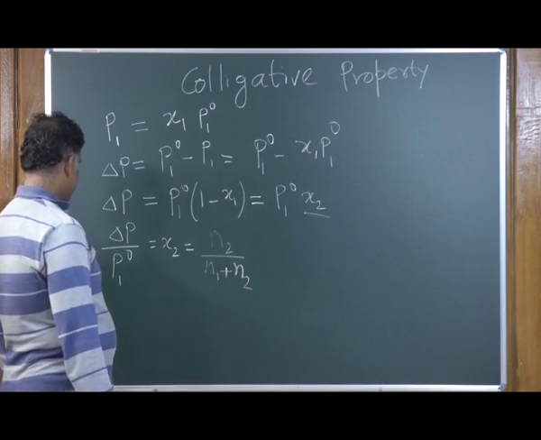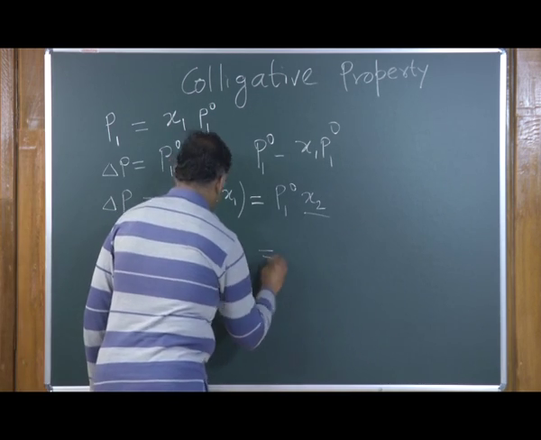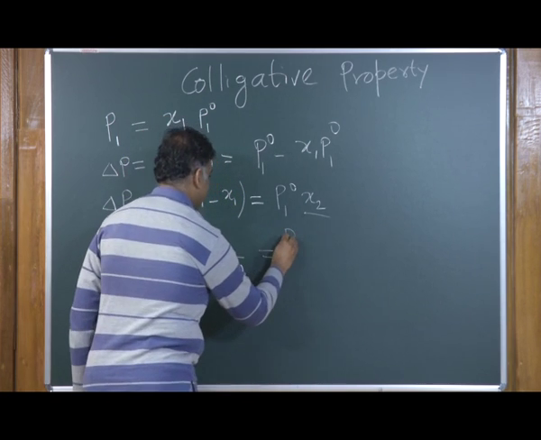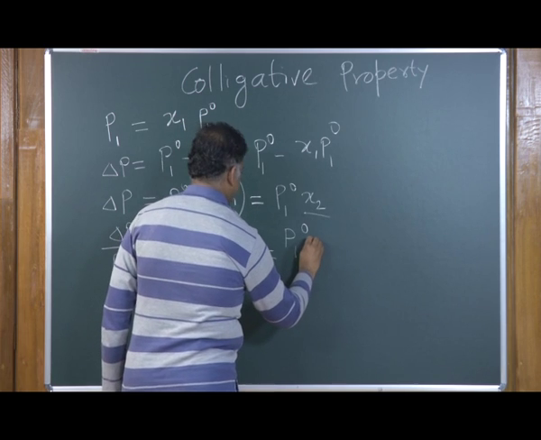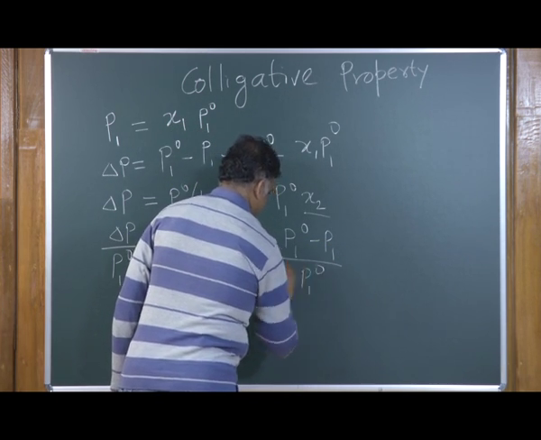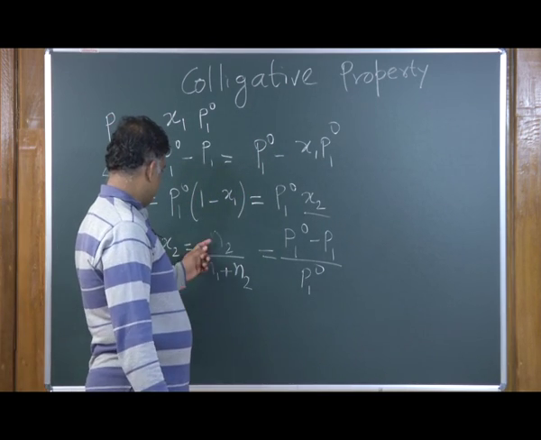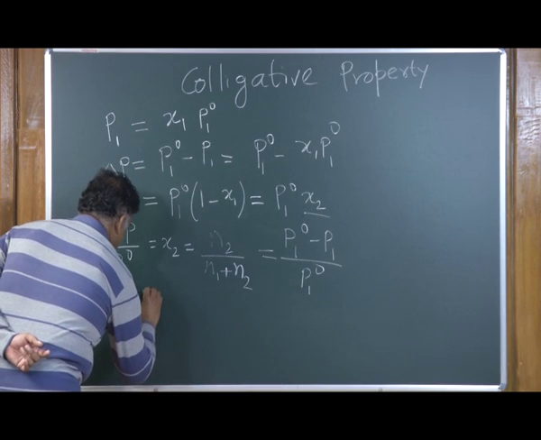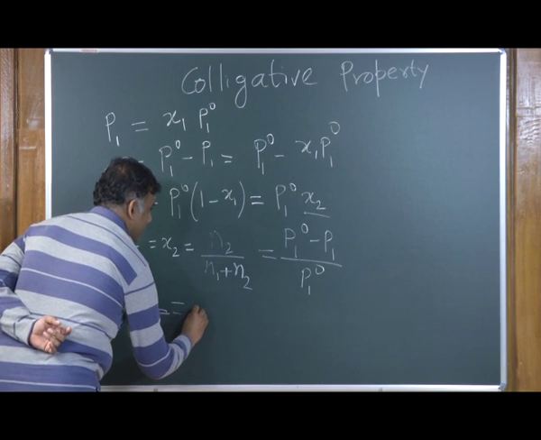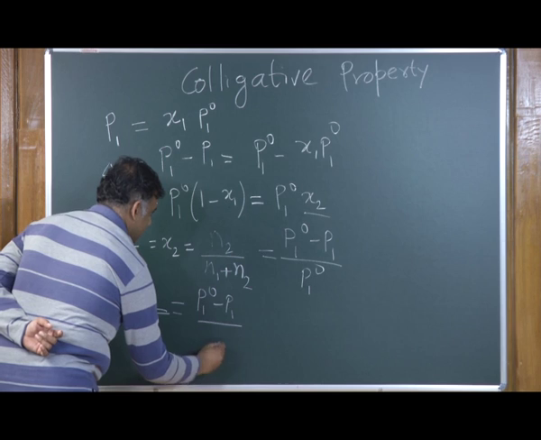And then, we can also write this whole equation as delta P, which we have defined up here, P1 0 minus P1, divided by P1 0. And subtracting the numerator from the denominator, we are going to get N2 divided by N1 equal to P1 0 minus P1 divided by P1.